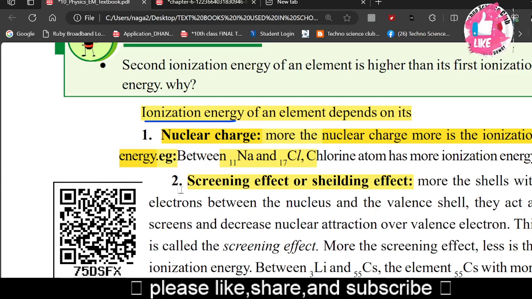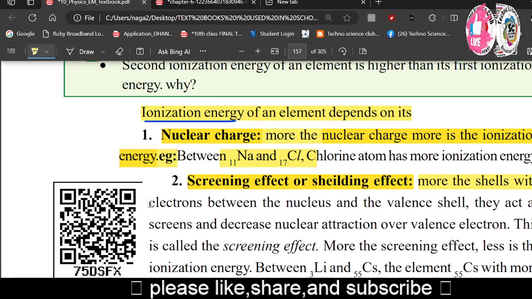The second factor that affects ionization energy is the screening effect, or shielding effect. The more shields there are between the nucleus and the valency shell, the more the ionization energy decreases.